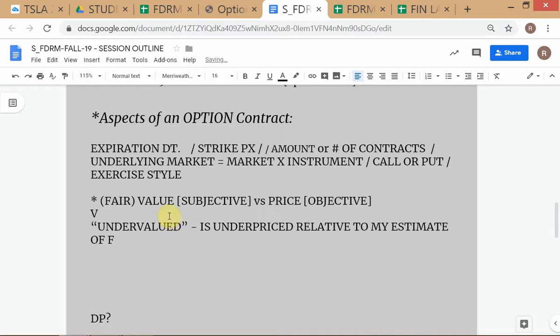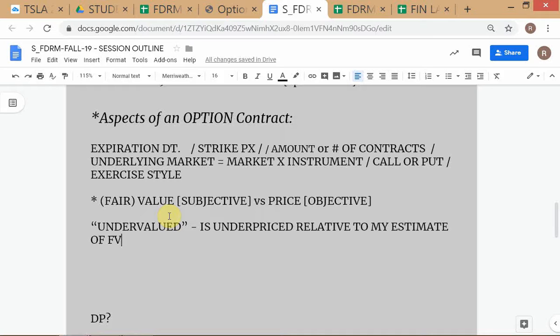FV is fine if I write FP for fair value. Is that fine? So you need to know what the market lingo is. At the same time, you also need to be aware of when the market is using logically incorrect language. Like option pricing model is actually incorrect. It should be option valuation model. But everybody uses option pricing model. You have no choice. But you should be aware that it's wrong.